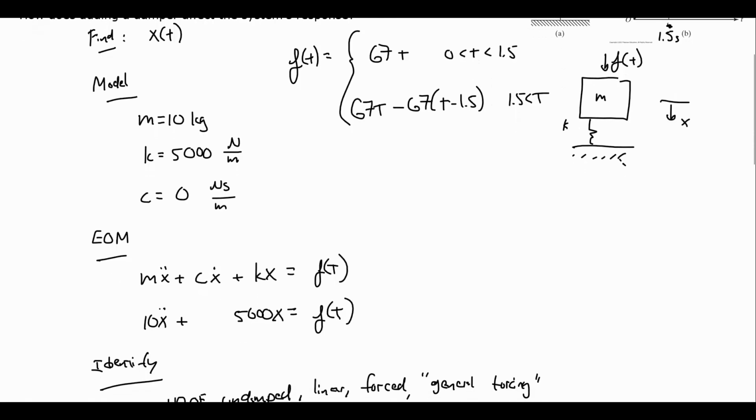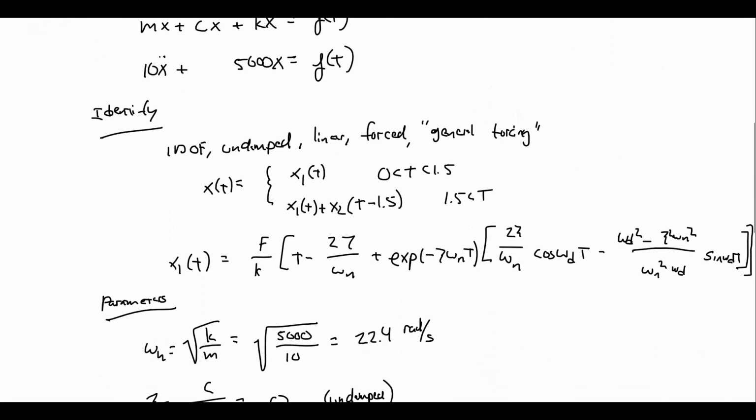So what that let us do is, in our identify step, we saw, okay, our solution will also look like a piecewise function where we're going to keep copying the solution above and superimpose on it the next solution. So x1 was the solution to our f1 force, x2 was the solution to our f2 force.